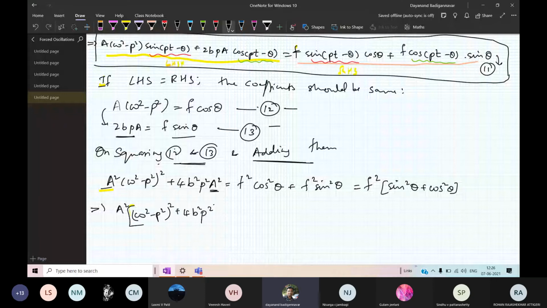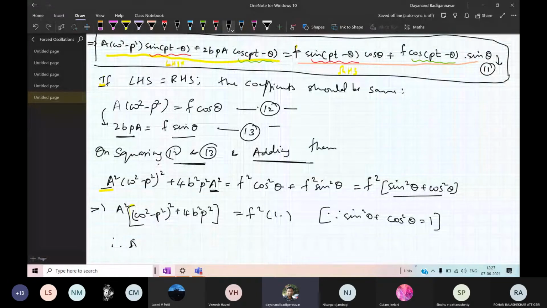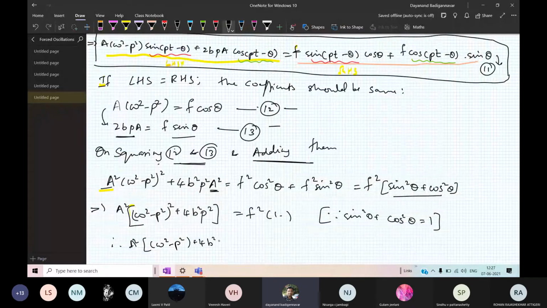Because sin square theta plus cos square theta is equal to 1. Okay.